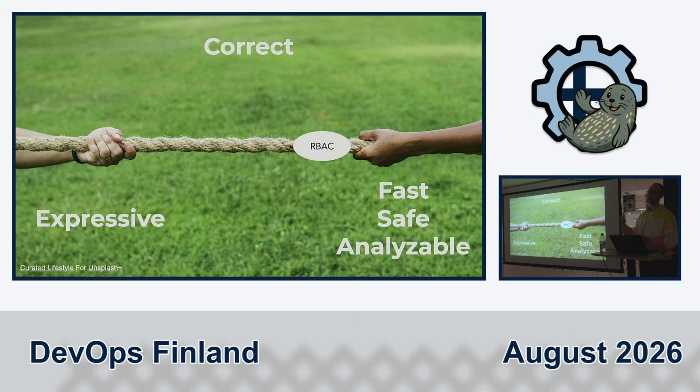So in the context of Kubernetes, some of you might have heard of Kubernetes role-based access control. Anyone that's used that in this room? Okay, a couple. So I'll introduce it in one moment.